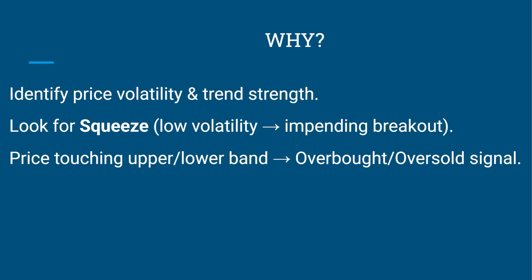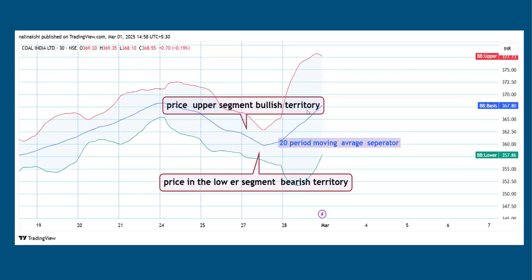Price touching the upper or lower band is also something we are watching. Instead of using RSI for overbought and oversold conditions, we are utilizing the upper band and the lower band for the overbought and oversold conditions.